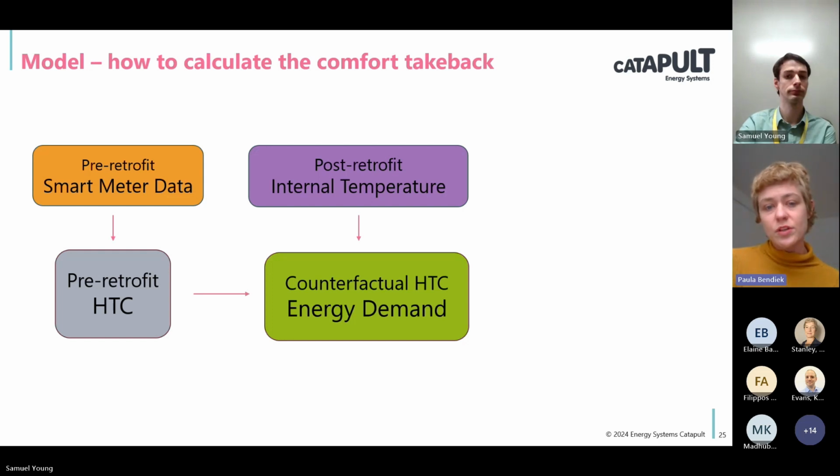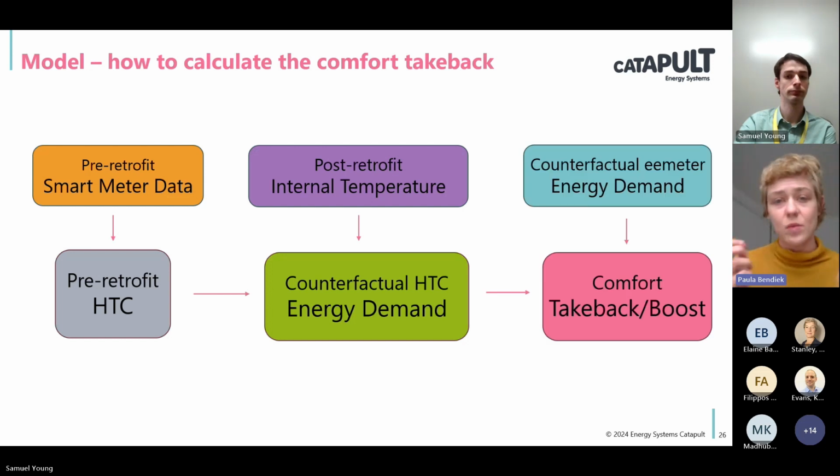So this is the energy that we would have seen if the occupants had been heating to those temperatures without doing the retrofit. And then we compare it to the comparison-based other counterfactual and get the comfort take-back, or also the comfort boost, because we're increasing our comfort and our temperature.